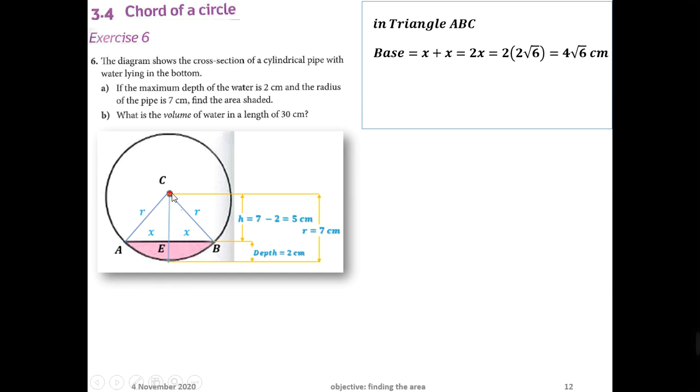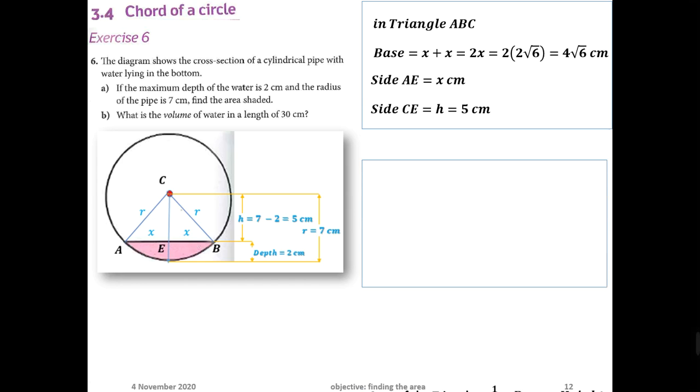And the height, which is the vertical, not CA, not CB, it's the vertical height, the distance from the apex down to the base or perpendicular on the base AB. So the height or the vertical height is actually equal to 5 centimeter.